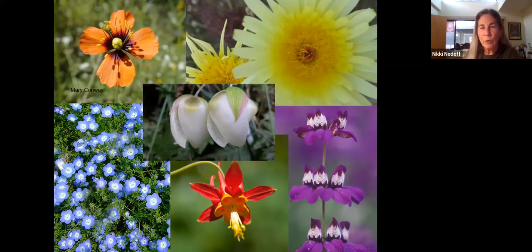Or this in the middle, drooping fairy lantern with its 3 pale petals and the 3 corresponding sepals that identify it as a member of the lily family. Complex arrangement of individual flowers in the inflorescence, stacked up in these groups here on the Chinese houses, the Collinsia.